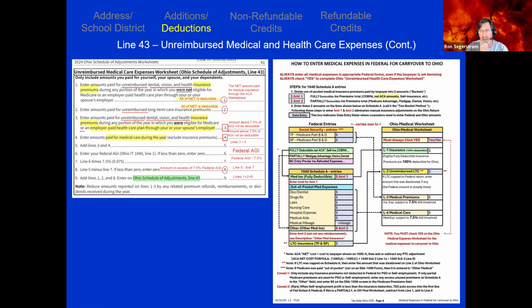But in any case, what AARP recommends is that you input all this stuff into your Schedule A itemized deductions, and then the appropriate amounts will flow through to the Ohio worksheet. And I'll show you how to do that.